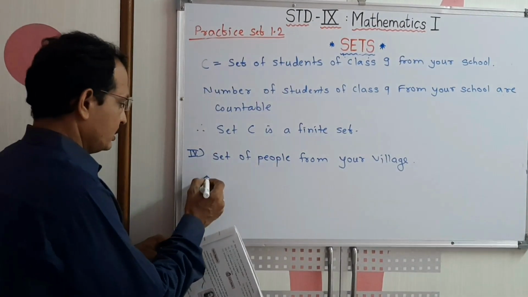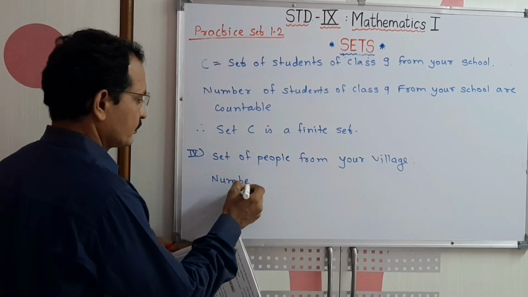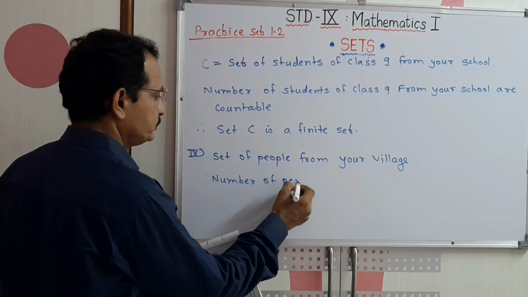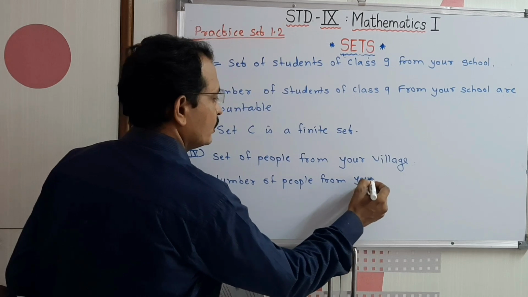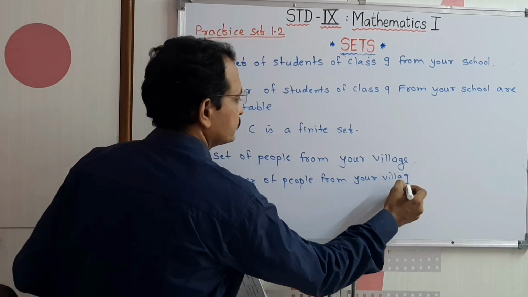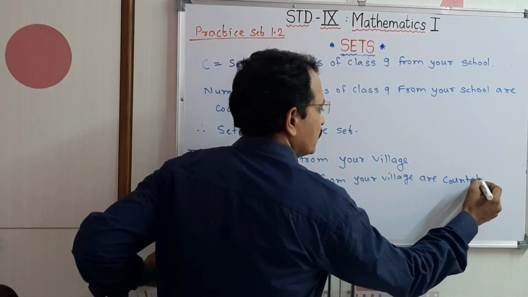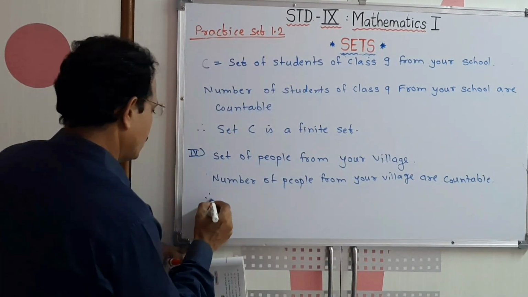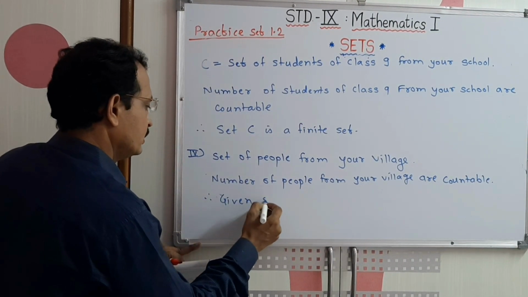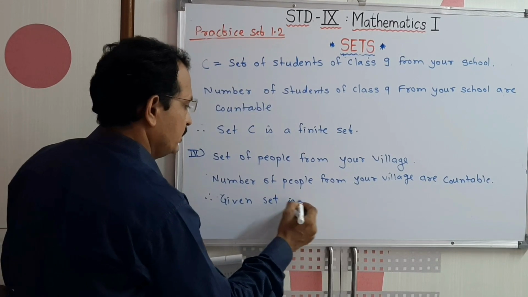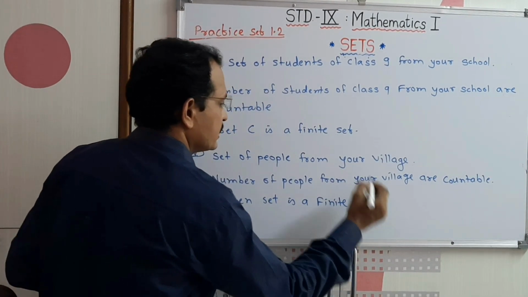We have to write here: the number of people from your village is countable, therefore the given set is a finite set.